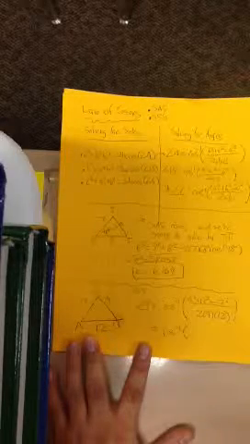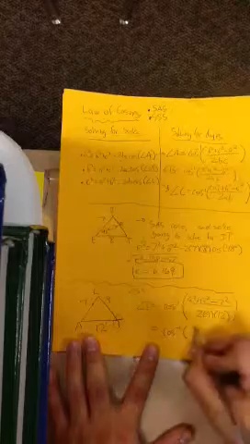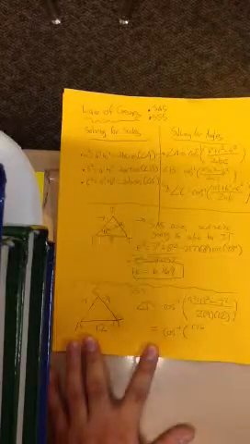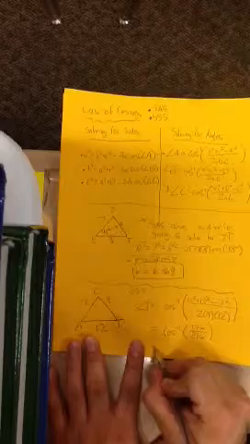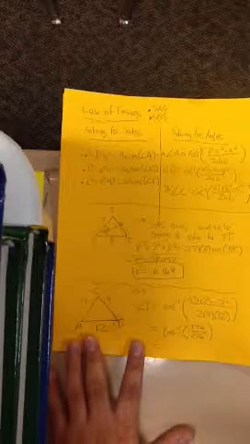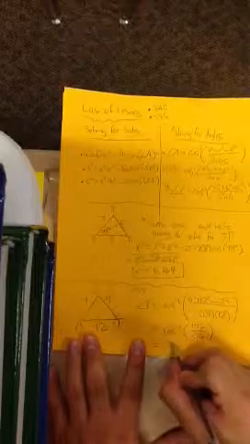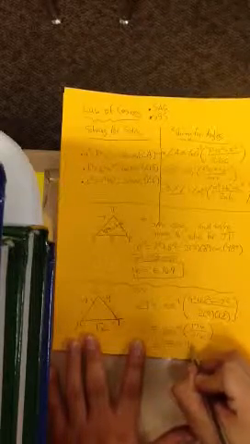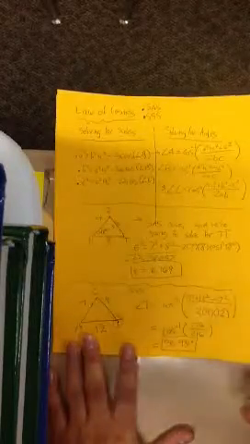This would be 81 plus 144 minus 49 in the numerator, 176, all over 18 times 12, which is 216. So I'm taking the inverse cosine of 176 over 216. And that should give me 35.431 degrees. Remember your units. We're dealing with degrees of an angle.